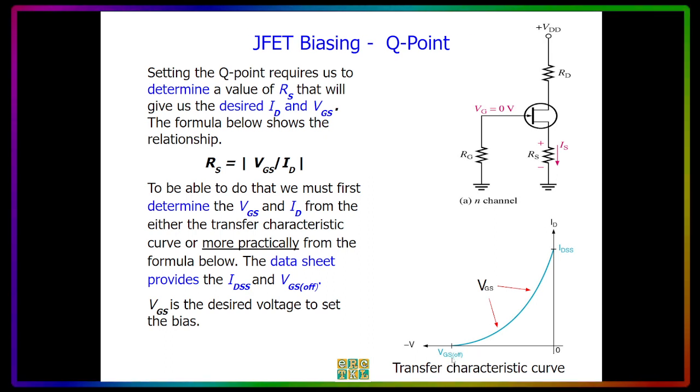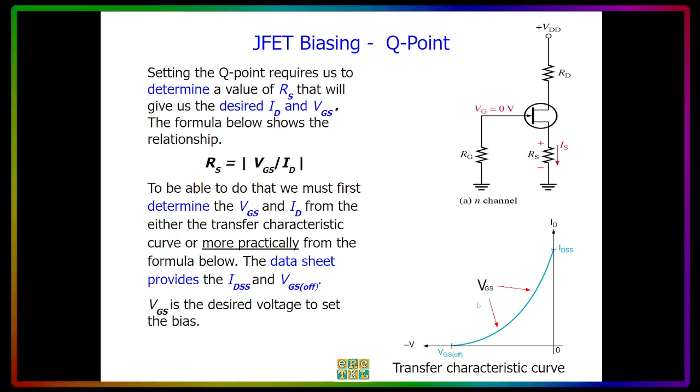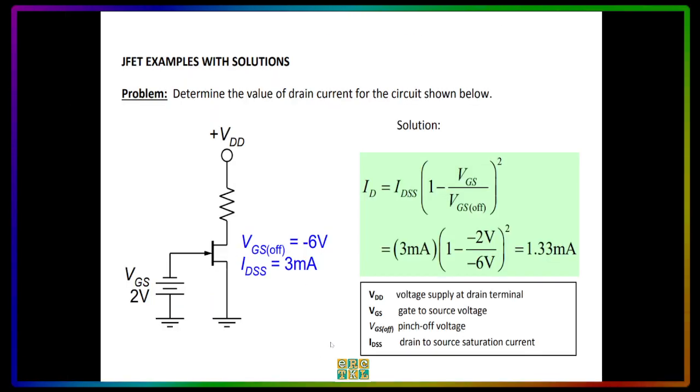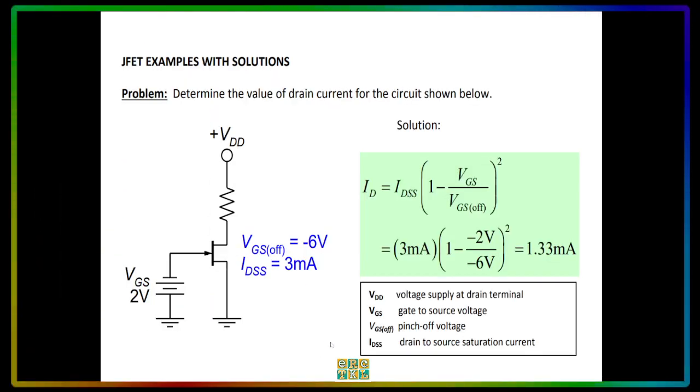If the VGS off is -7, then we also know the VP, which will be positive 7 volts. By the way, the ID is equal to IDSS multiplied by 1 minus VGS divided by VGS off, to the second power. So now we move on with some examples of calculations.